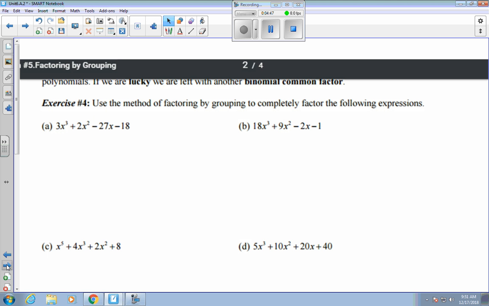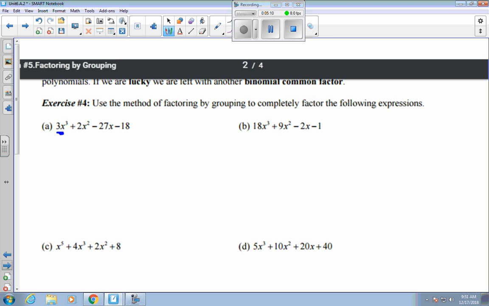Okay, now there is one additional method to use for factoring. It's called factor by grouping. And you want to try factor by grouping when you have 4 terms. Usually the highest term will be an x cubed. Not always, but usually it is for now.